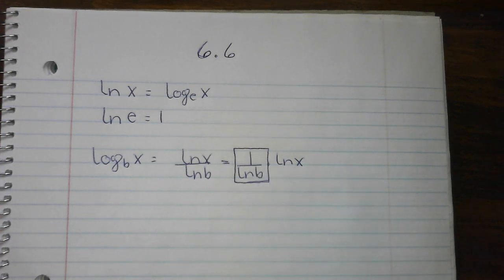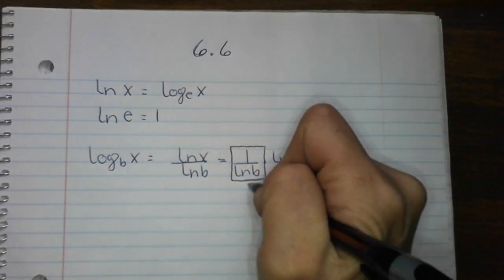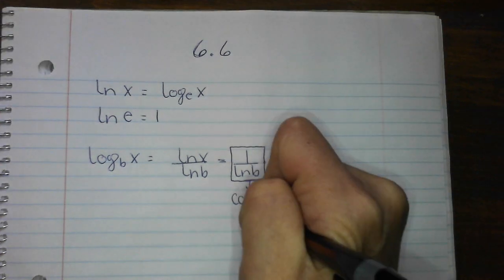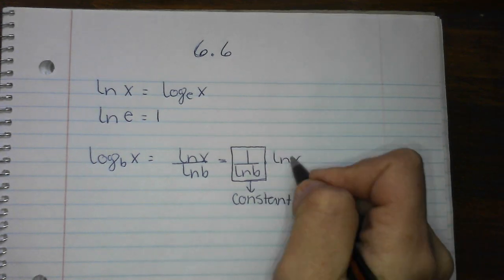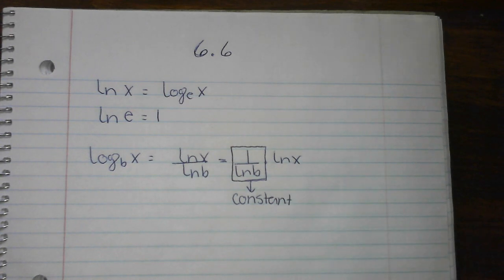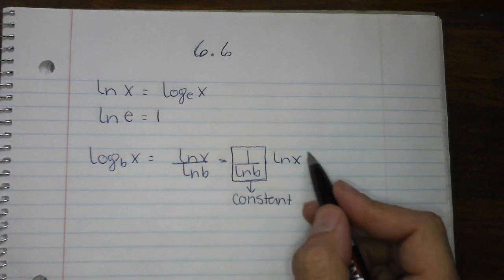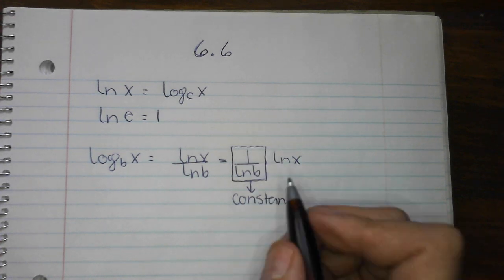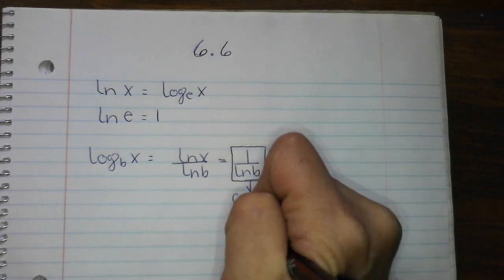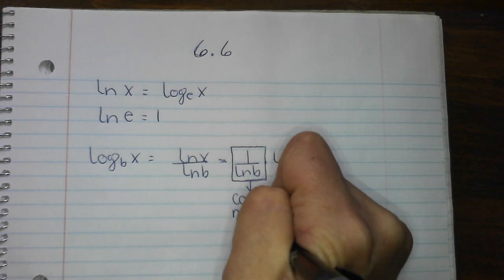There is no x's in it, no variable of any kind. That's a constant. And it's a constant multiplier, so it will carry along. The only thing we have to do the derivative of is over here, and we carry this along as a multiplier.